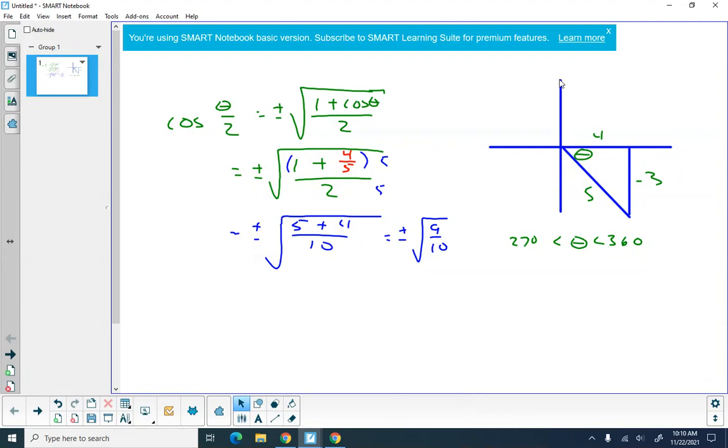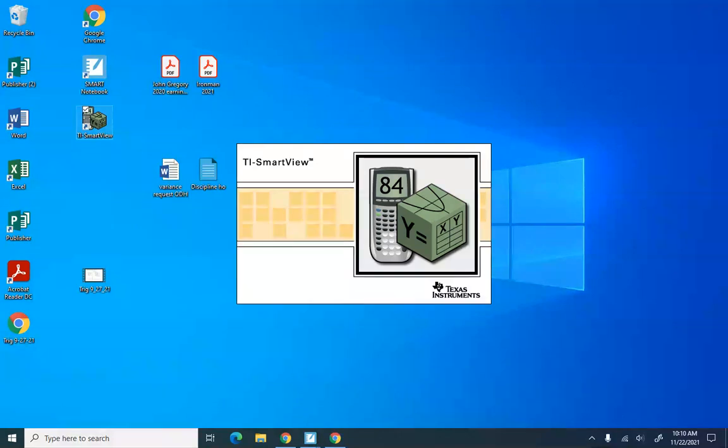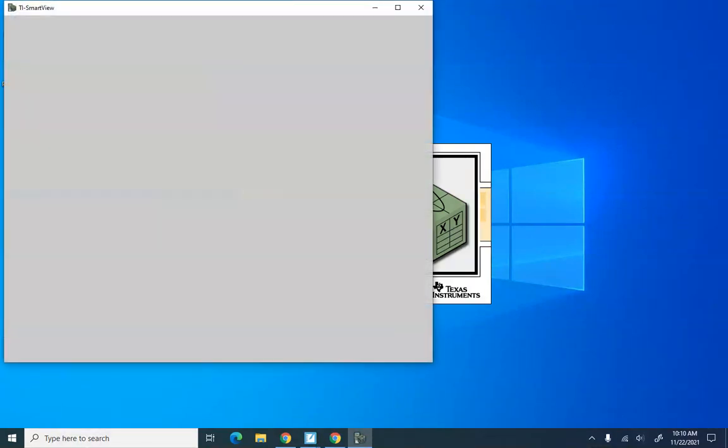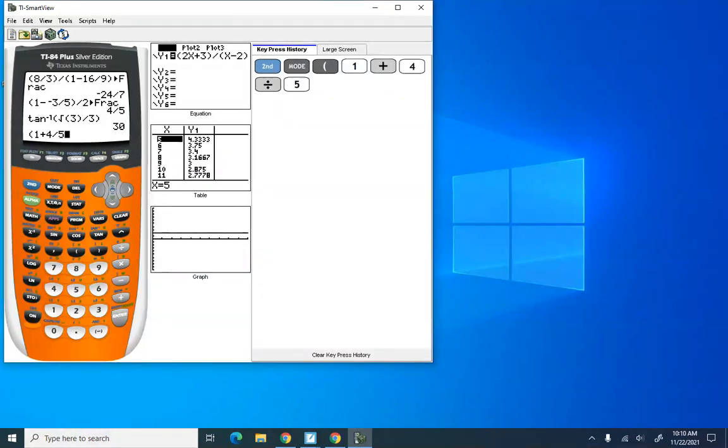Once again, if you use your calculator, which is fine, you have parenthesis 1 plus 4 divided by 5 and quantity divided by 2. Hit your math button, hit enter. It takes you back to the 9/10 fraction. Once again, KYC, know your calculator.